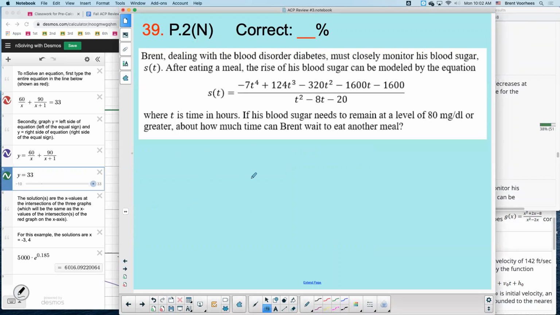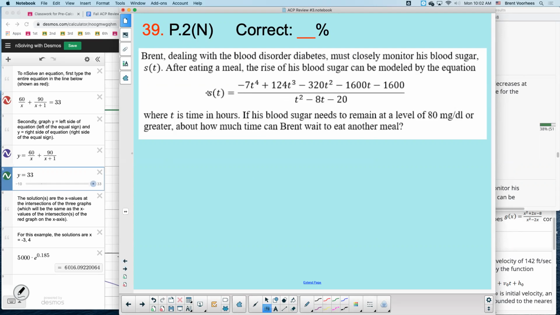Okay. Brent, dealing with diabetes, must closely monitor his blood sugar, S of T. After eating a meal, the rise of his blood sugar can be modeled by this equation, where T is time in hours. If his blood sugar needs to remain at a level of 80 or greater, about how much time can Brent wait to eat another meal? So this 80 goes into the equation somewhere.